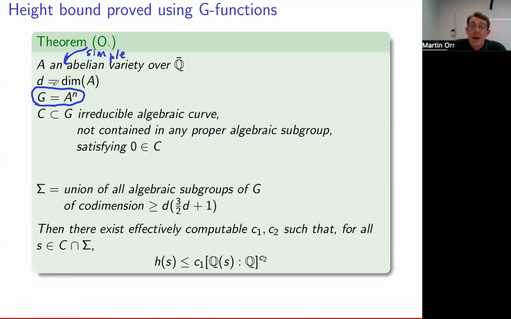So I feel like this is not an entirely serious restriction in the sense that if you've got an arbitrary abelian variety, then up to isogeny, you can factorize it as a product of powers of simple abelian varieties. And then whenever you look at a subgroup of G, it's going to be up to isogeny a product of subgroups in each of these powers.